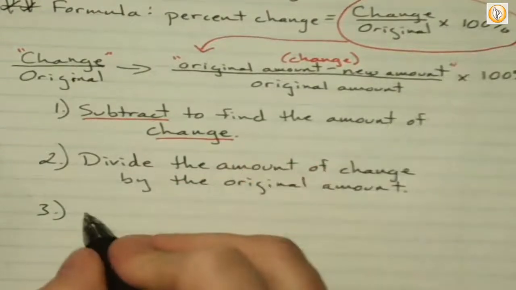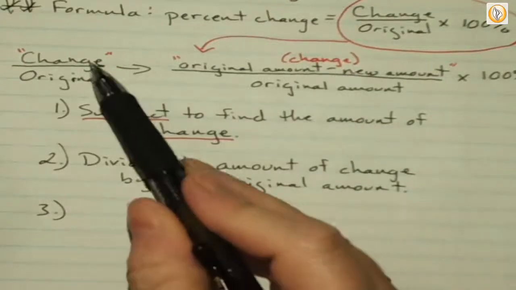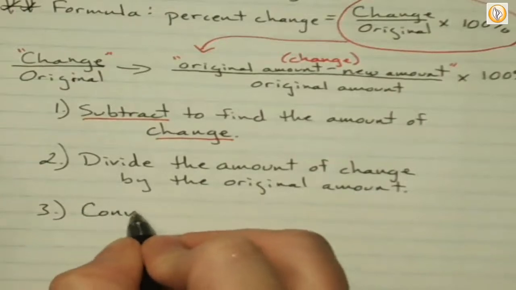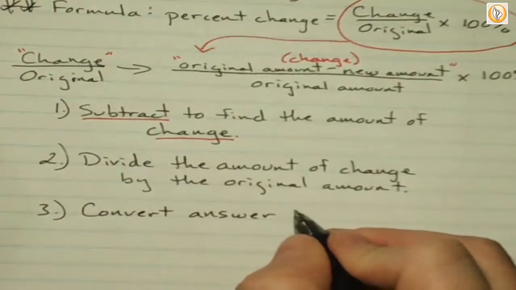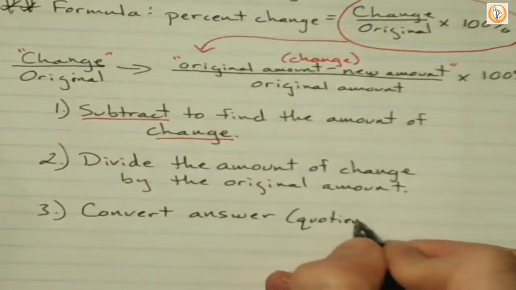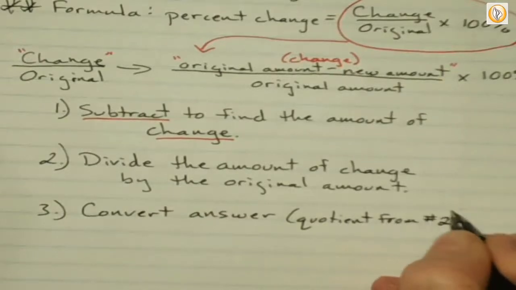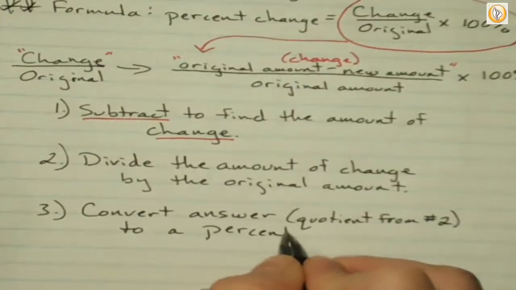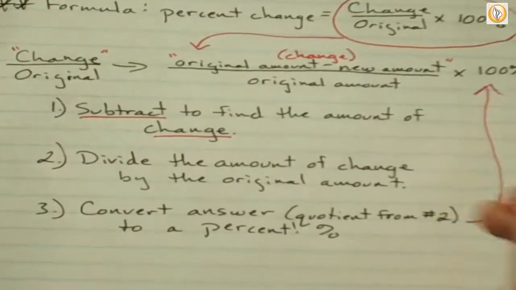That's the actual formula, but all you need to do, after you get your change and you divide by your original, so your change divided by original, then step 3, convert your answer or your quotient from number 2 to a percent. So step 3 replaces this times 100.